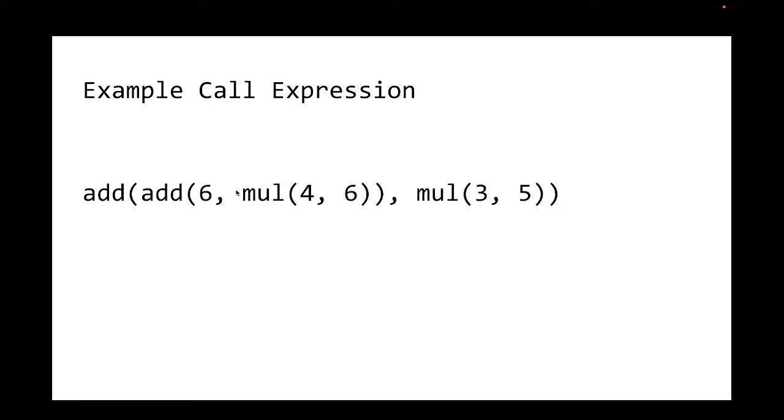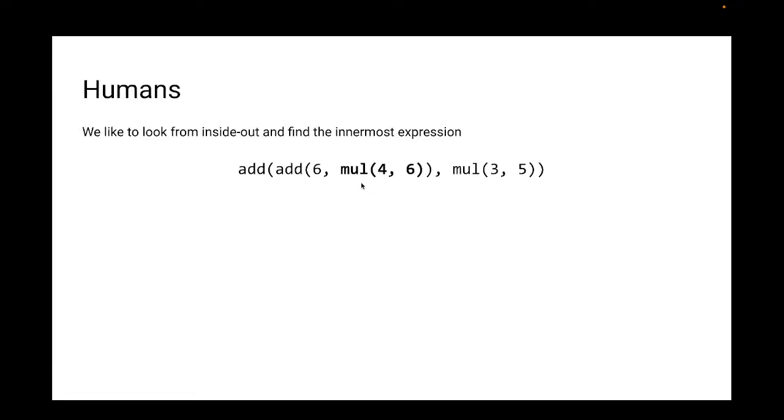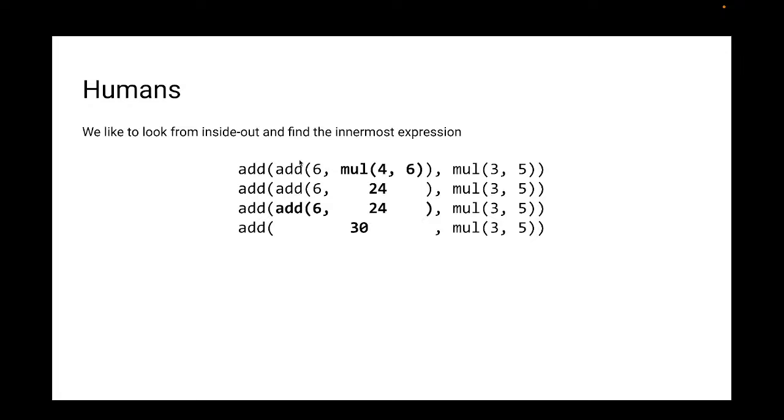This will have a value, and this will have a value, and then it'll add them at the end. Humans work the same way. As you can see, this is how it's evaluating it. It starts inside out, so it'll go to the inner calls, and then out and out until at the end you're just adding 30 and 15.